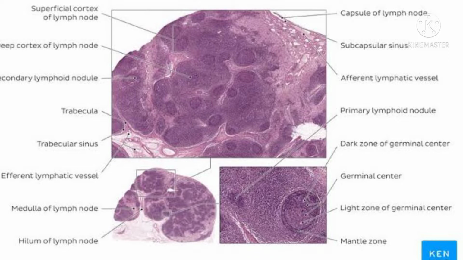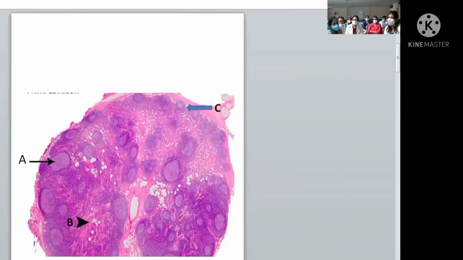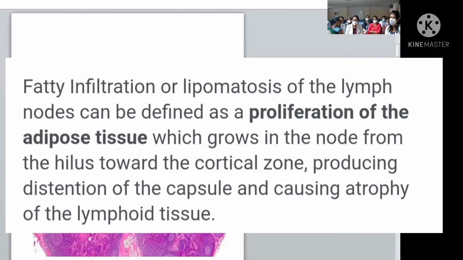Next. What is there here in the lymph node? Elderly person. What does elderly person mean? If in the lymph node adipose tissue is present, it represents that the lymph node is of an elderly person. What terminology do you have to use there?